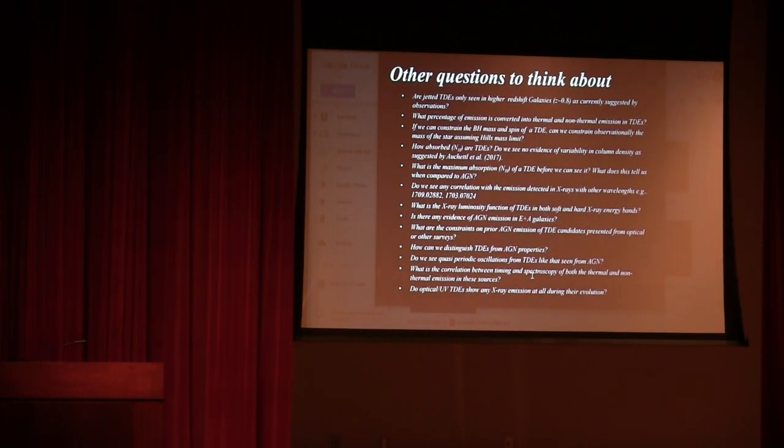Can we constrain an X-ray luminosity function of tidal disruption events, or can we survey a large number of galaxies to constrain whether we only see TDEs in a particular type of galaxy, which is suggested by current results, or are they also found in other galaxies?